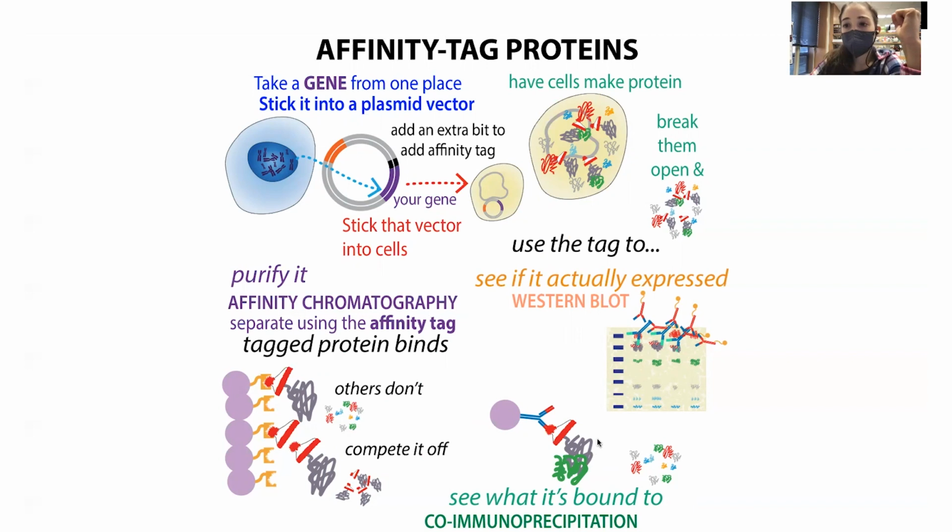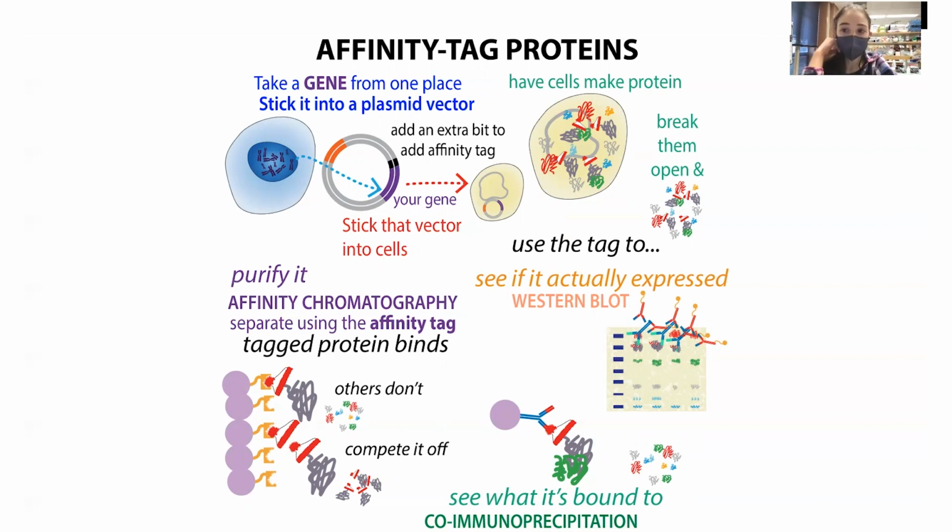With the mass spec, we're kind of just going into it asking, what is this bound to? Basically it chops up the different proteins into peptides, and it searches a big database to analyze the different peptides and see what sequences and what proteins they correspond to.